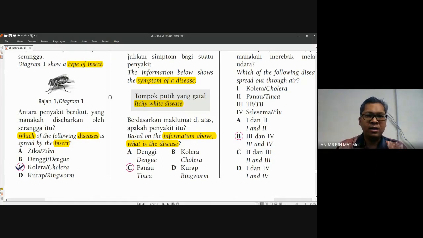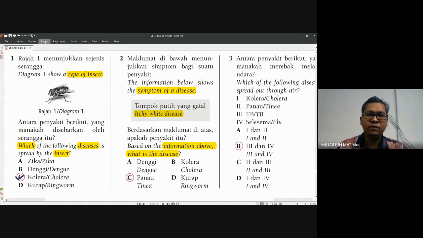We know that if the disease involves symptoms such as itchiness, redness, and rashes, it involves infection of the skin.